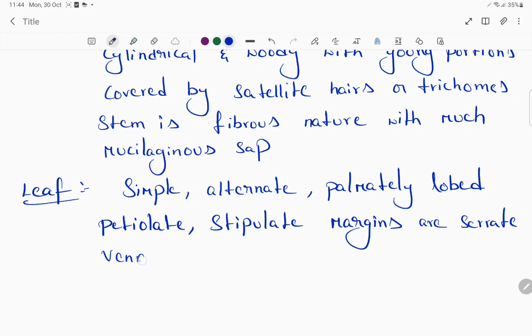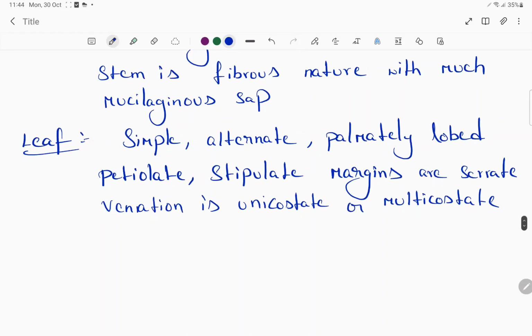Venation is unicostate or multicostate, pinnately reticulate.